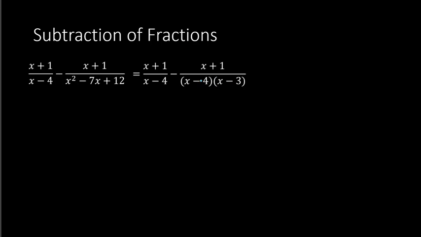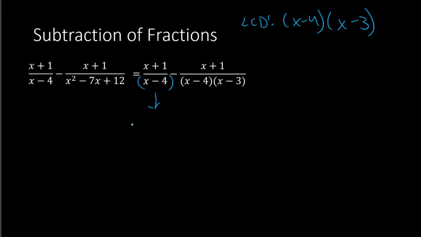Alright, so we have our denominator factored, and now from here we can find our least common denominator. So notice we have x minus 4s, and we have x minus 3s, and we only take one of each because the most we see at one time is 1. Alright, so we need to rewrite both fractions with that common denominator, and in this case the second fraction already has that common denominator, so it's really just the first fraction we need to rewrite.